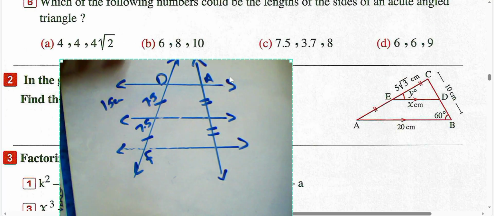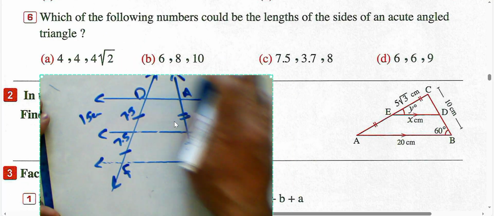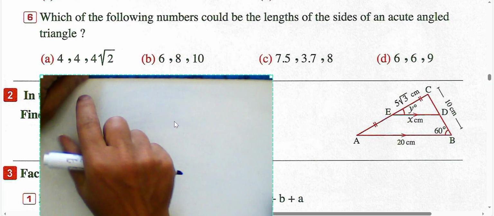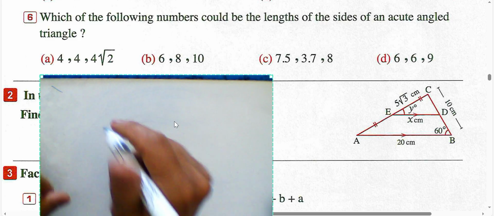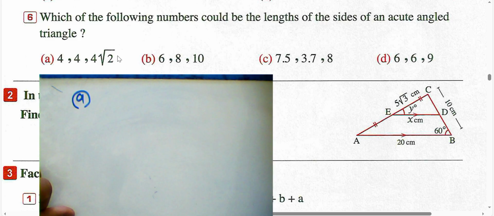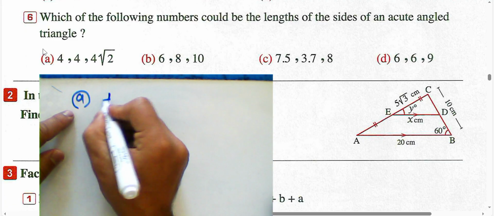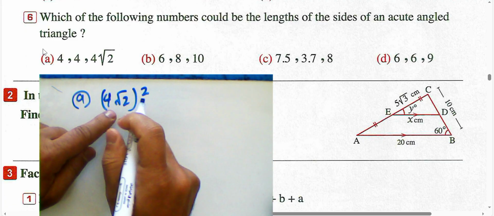Which of the following numbers could be the lengths of the sides of an acute triangle? To find this, the greatest side squared must be less than the sum of the squares of the other sides. Look at letter A: 4 root 2 is the greatest number.